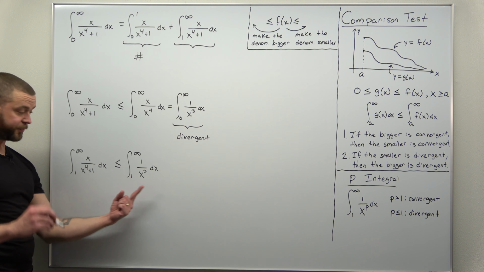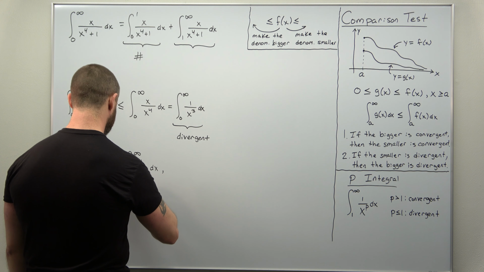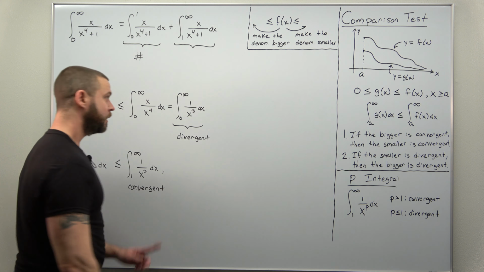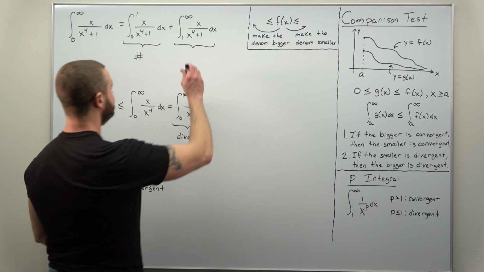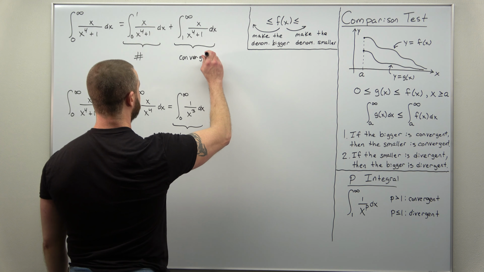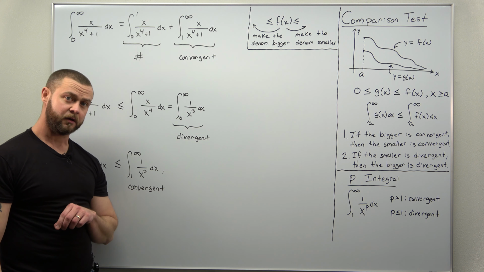So now with the lower limit being 1, this is a convergent p integral, and we can determine, basically from the work in the previous problem, that this part, the improper integral from 1 to infinity, is convergent.